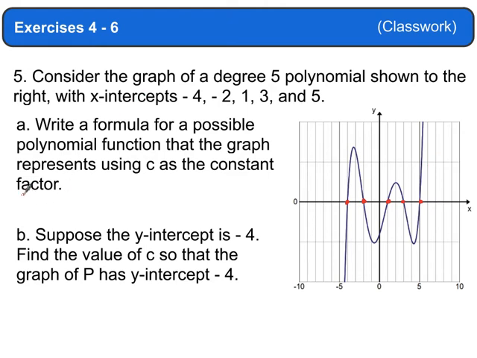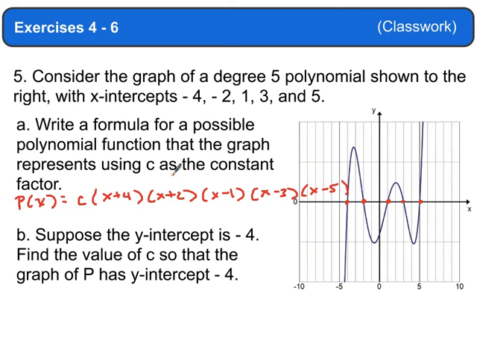So the way this would look is we would write P of x equals, we don't know what the constant factor is in front, and so it would say x plus 4, x plus 2, x minus 1, x minus 3, and x minus 5. So this would be our function.